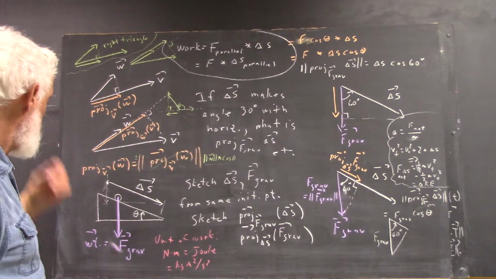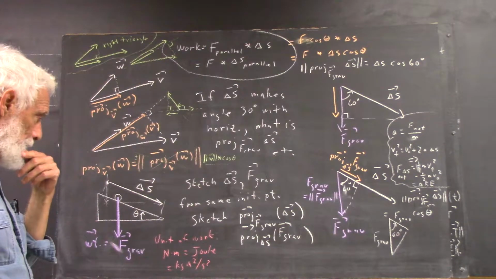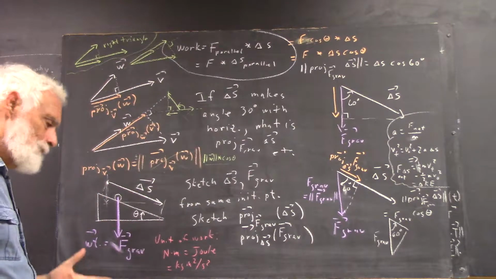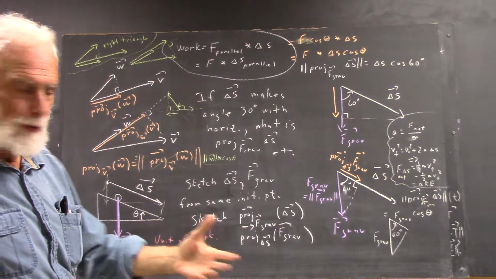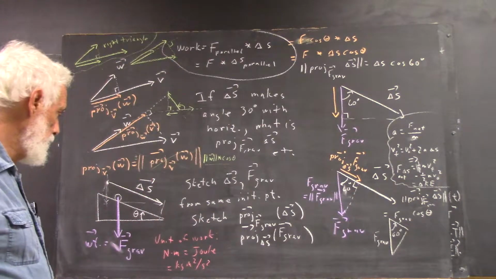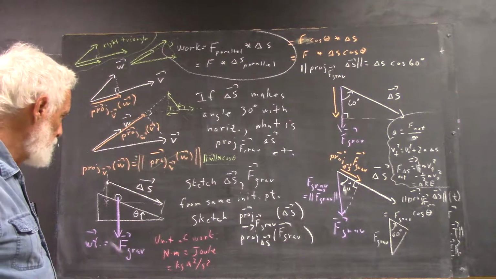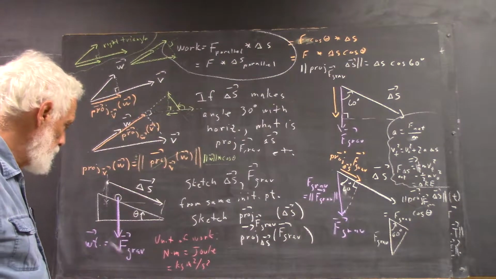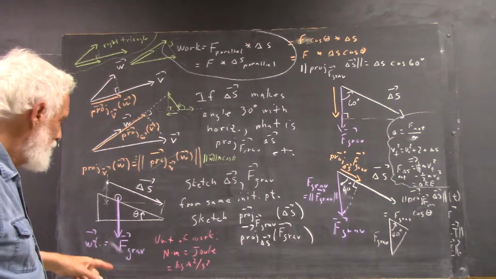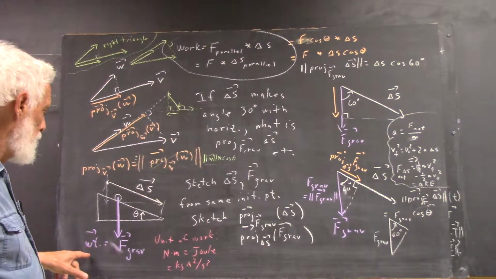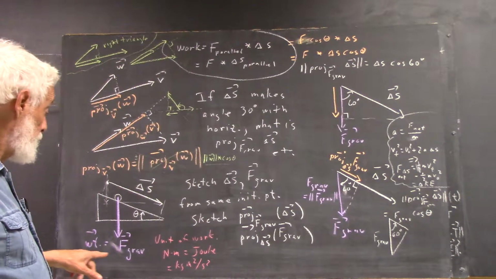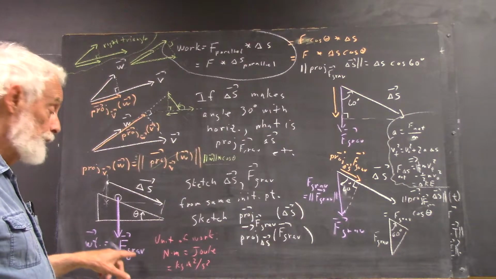Then we have our gravitational force vector. Now, some people are inexperienced at drawing force diagrams. Not everybody did this right away, but I think everybody understood it when we did it. The force diagram, we draw the weight vector, which is the vector representing the force exerted by gravity.